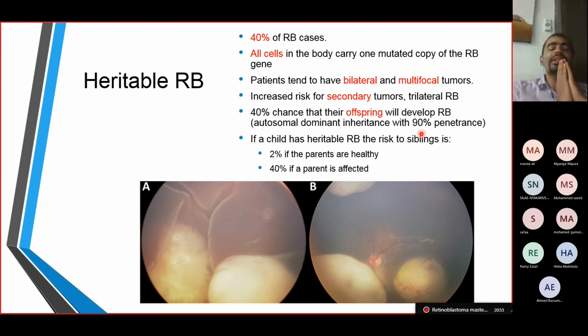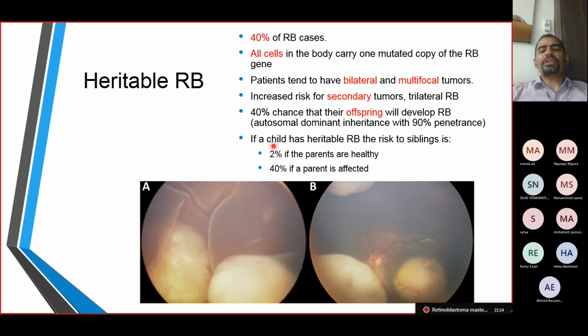That means the autosomal dominant gene will not be expressed in 100% of the cases. It will present itself only in 90% of the cases, and this decreases the chance of transferring the retinoblastoma to the offspring from 50% to 40%.